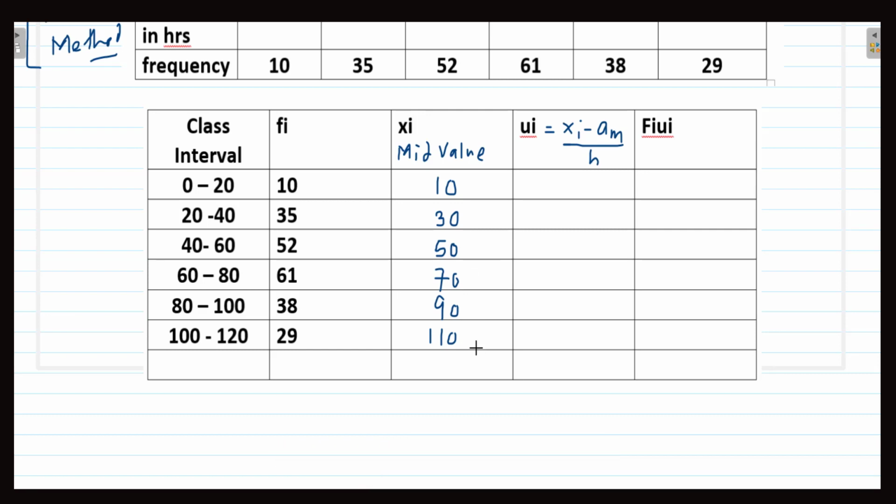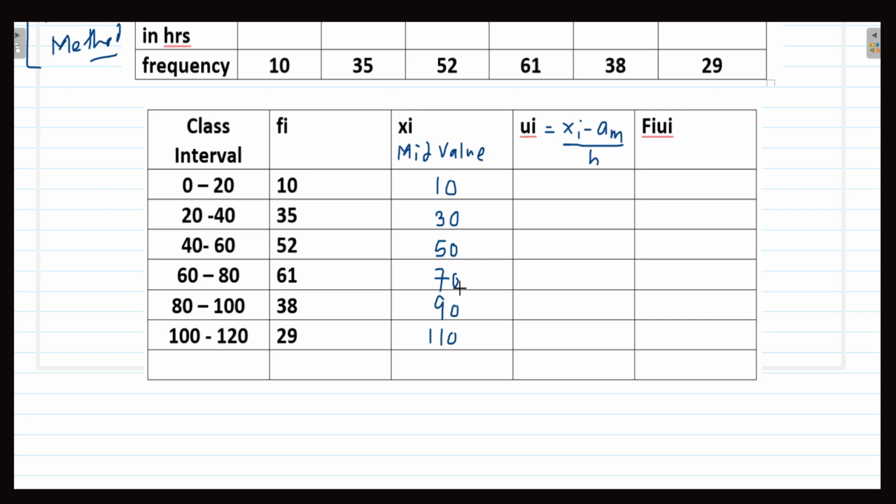So if you take the mid value somewhere, it will come in between. So we cannot take the middle number. So we will take these 2 as the middle numbers. Means 2 we leave from the top, 2 we leave from the bottom, and we will get these 2 numbers. Out of these 2, you have to assume 1 as the assumed mean.